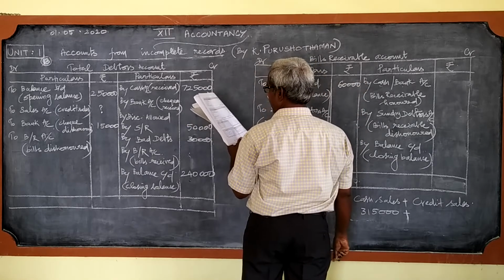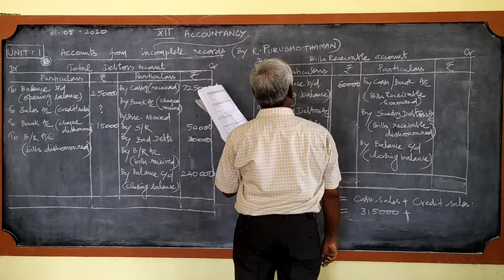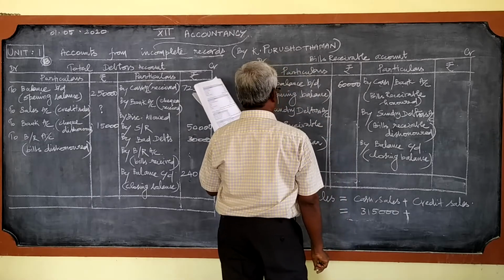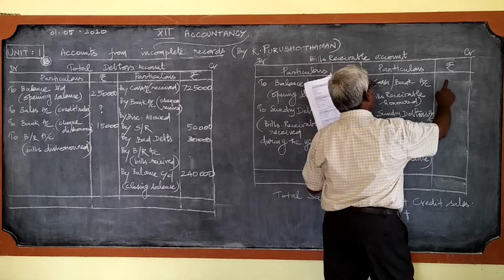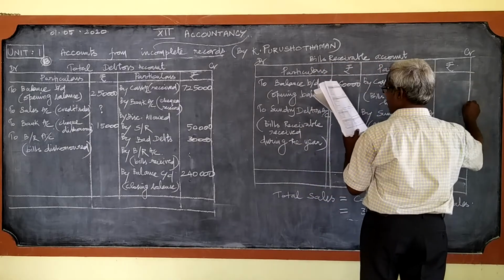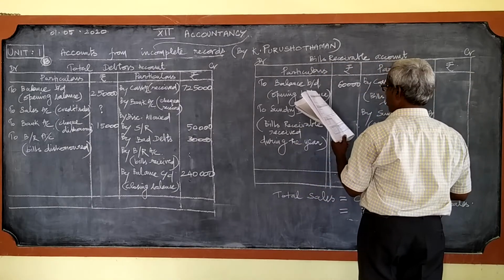Then the next item is cash received for bills receivable, which is 1,60,000.